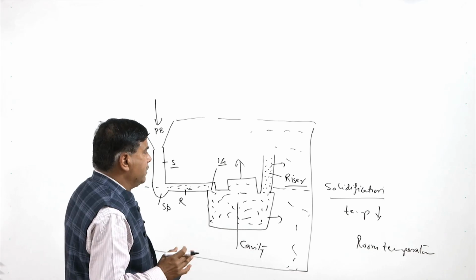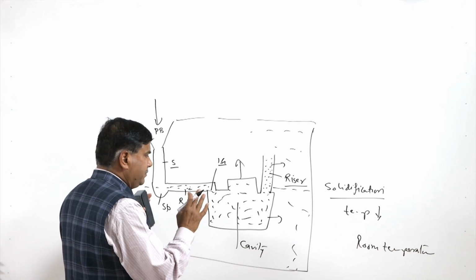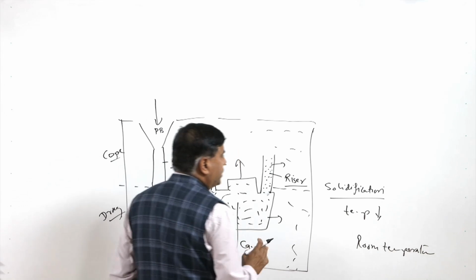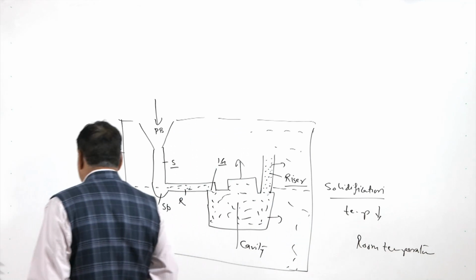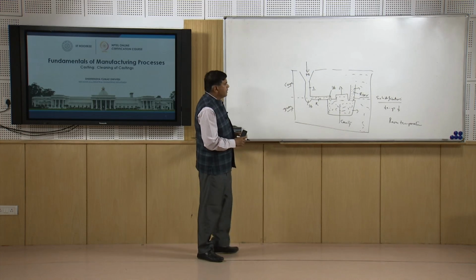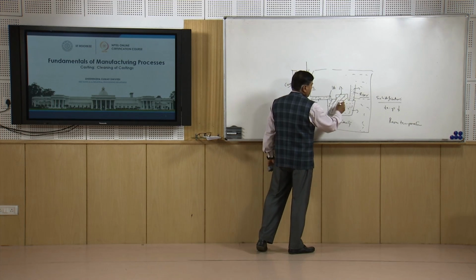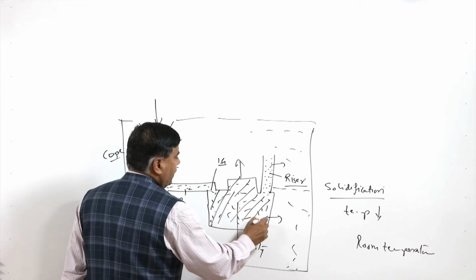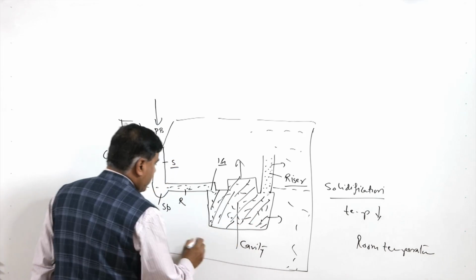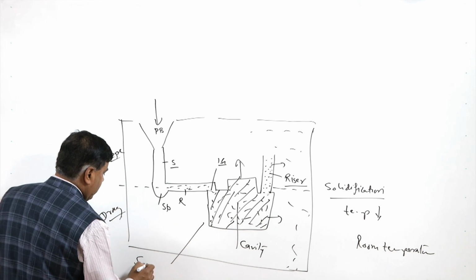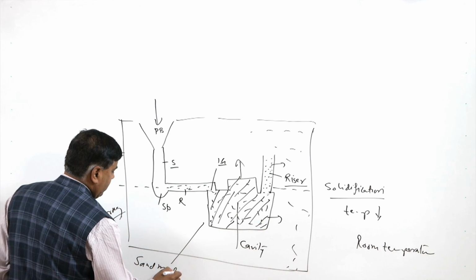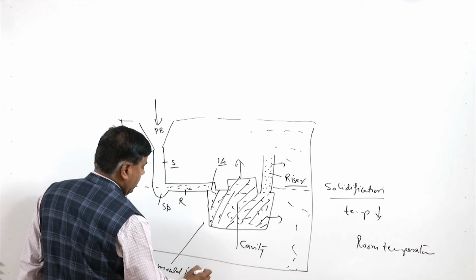So we need to identify at what stage the sand mold should be broken so that we can take out the casting. To extract the casting after the solidification, it is required that the sand mold is broken.